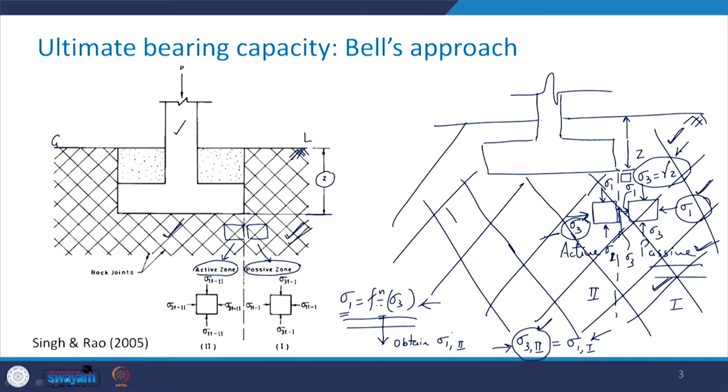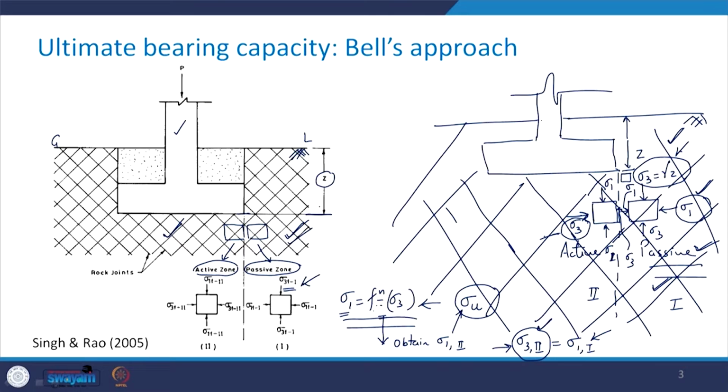This sigma 1 in the active zone is going to give us the ultimate bearing capacity of the foundation, sigma u. That is the concept of Bell's approach. Take a look once again. In the passive zone, we know what sigma 3 is.